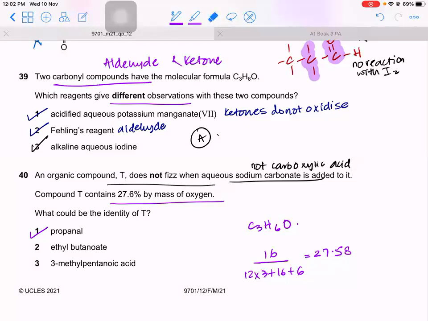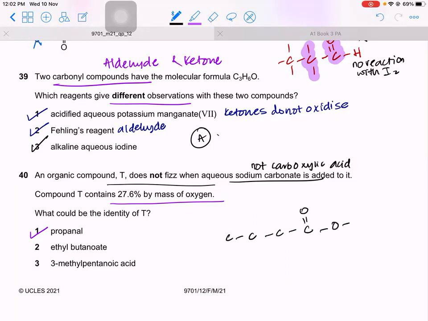Ethyl butanoate. What is ethyl butanoate? Let's see. It is a 2-carbon alcohol and a 4-carbon acid. This is ethyl butanoate. Will it react with carbonate? No. Let's see if it has 27.6% oxygen.